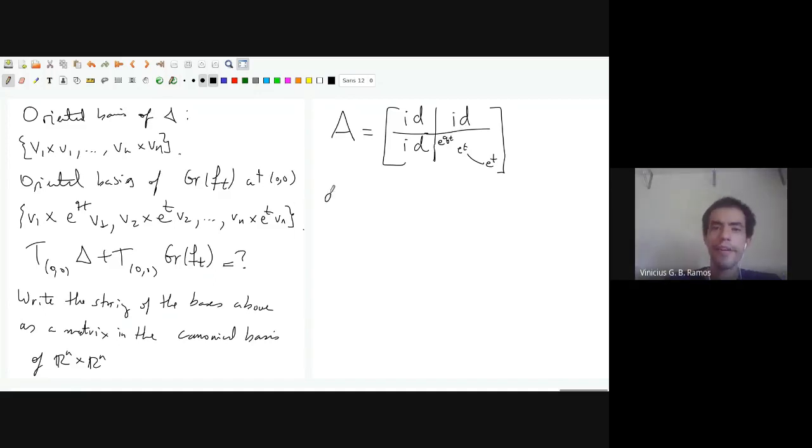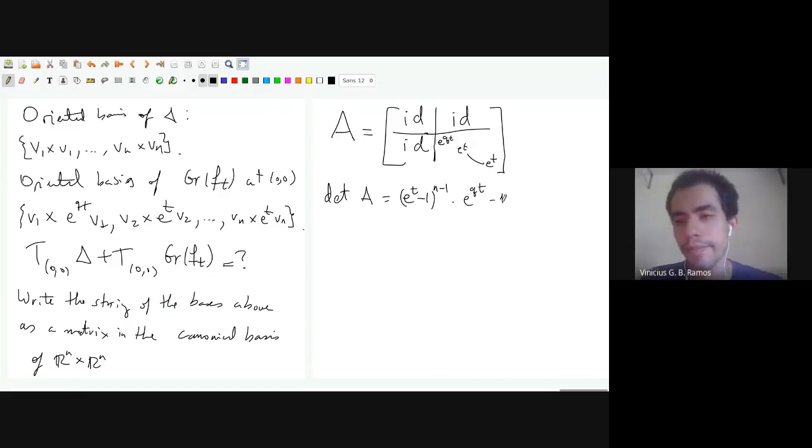What's the determinant of A? How is your linear algebra? I claim that the determinant of A is e to the t minus 1 to the n minus 1 times e to the qt minus 1.